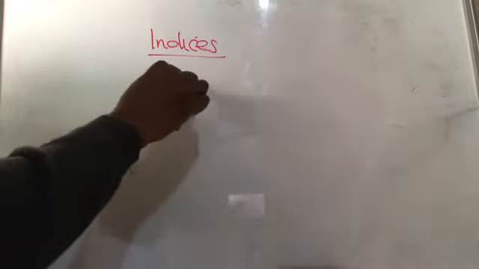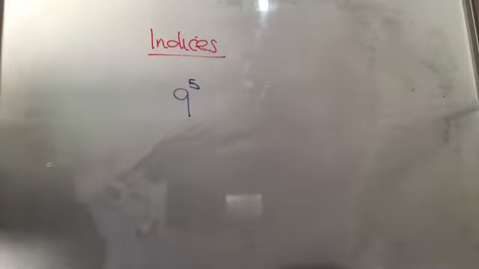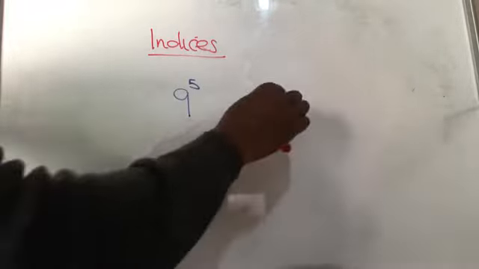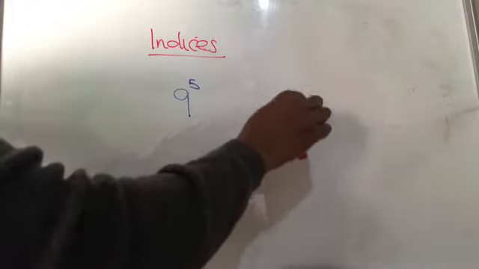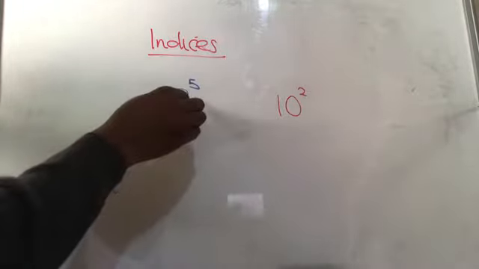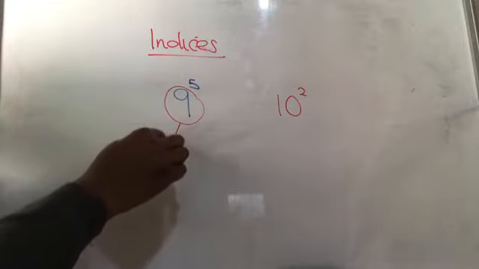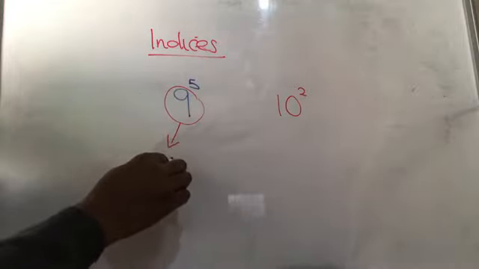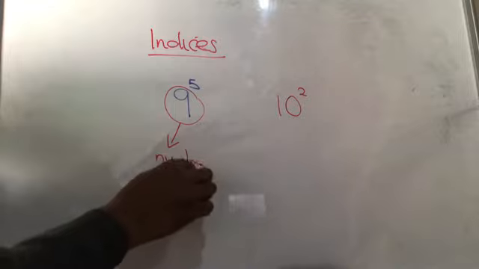Now, suppose you're given a number like 9 to the power of 5. This is an example of an index. Or you might be given 10 raised to the power of 2. We can call it 10 squared. Still, it is an example of an index. So this number 9 is what we call the base number.